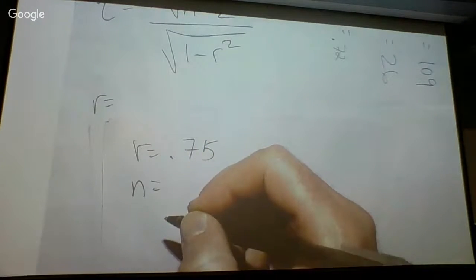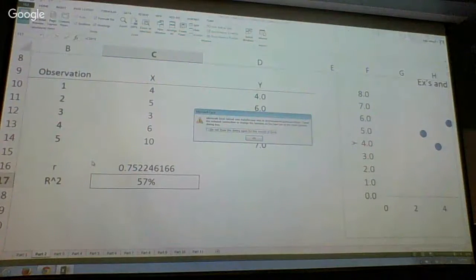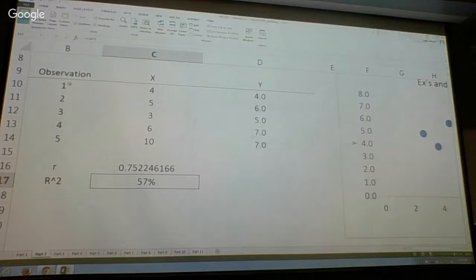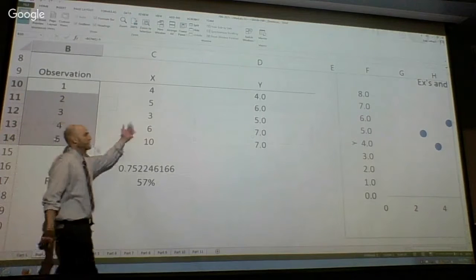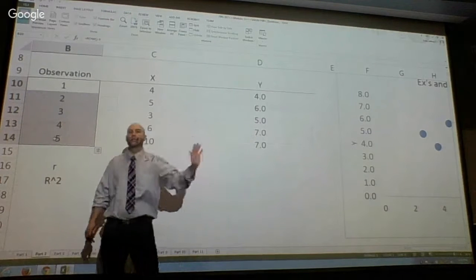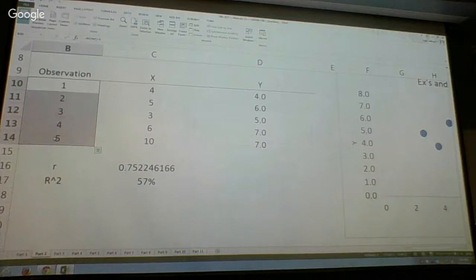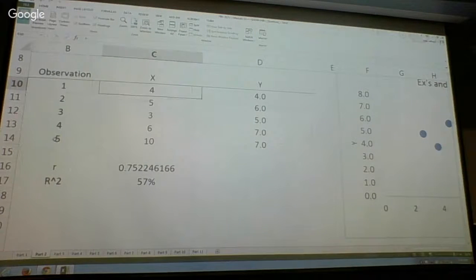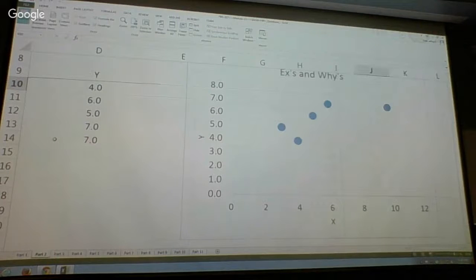How many observations do I have here? 5 observations. 1, 2, 3, 4, 5. I know that if you look at this table here, it may look like there's 10 numbers because we got 5 values for X and 5 values for Y. But if you look at the dots, look at the scatter plot, there are 5 dots, 5 observations.